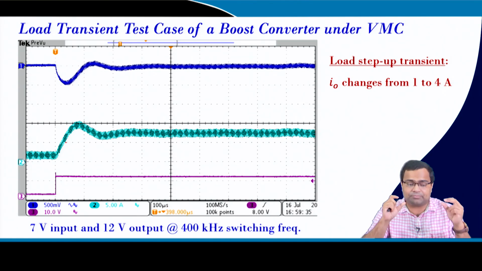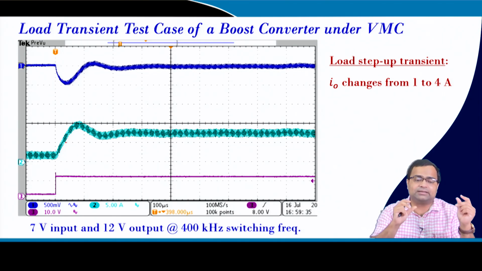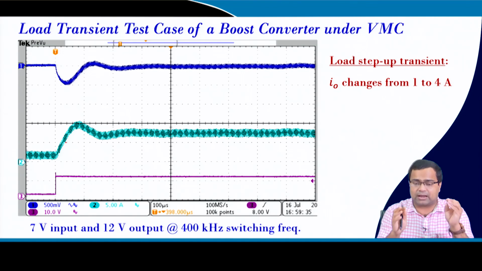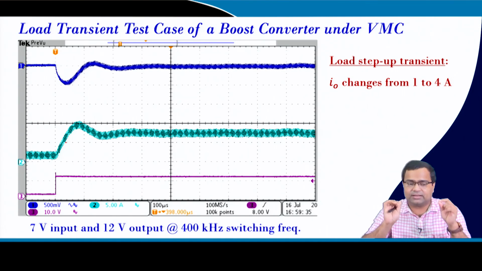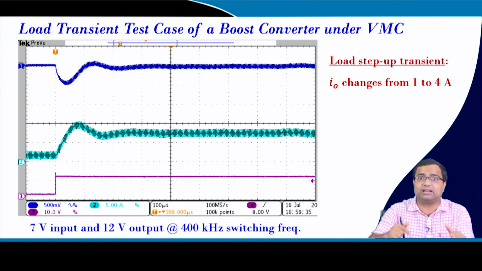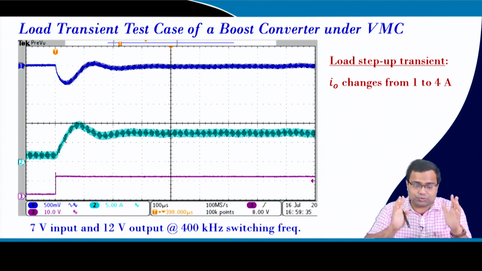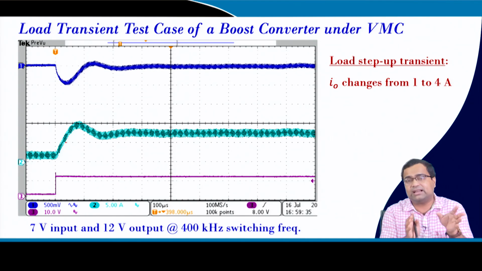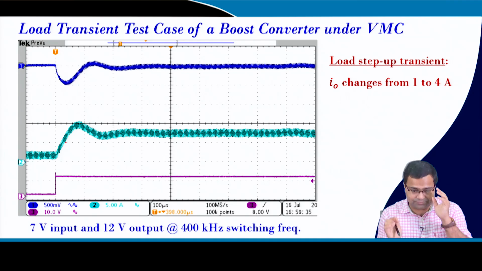But now suppose we bought an IC, this is a boost converter, and we want to test in the laboratory what the performance is. So, here I am showing a load transient performance. Here we have made the converter and we are also testing whether it is meeting our requirement or not.